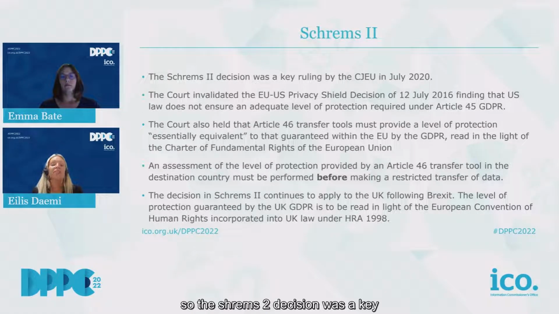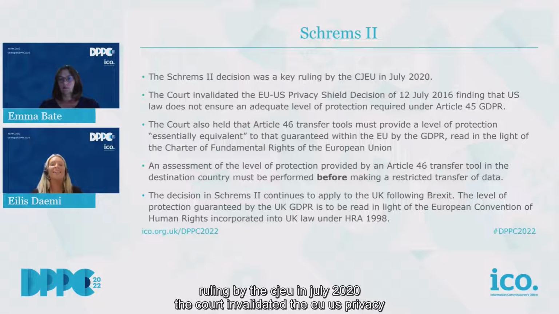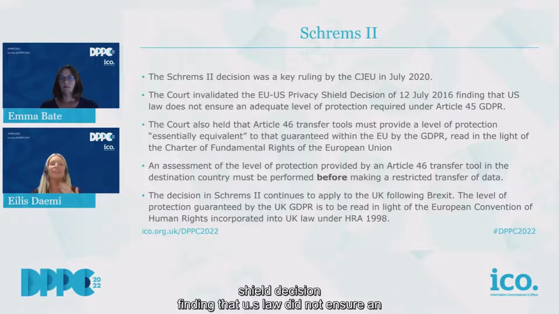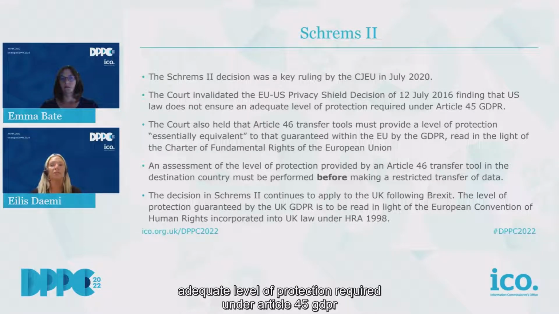So the Schrems II decision was a key ruling by the CJEU in July 2020. The court invalidated the EU-US Privacy Shield decision, finding that US law did not ensure an adequate level of protection required under Article 45 GDPR.